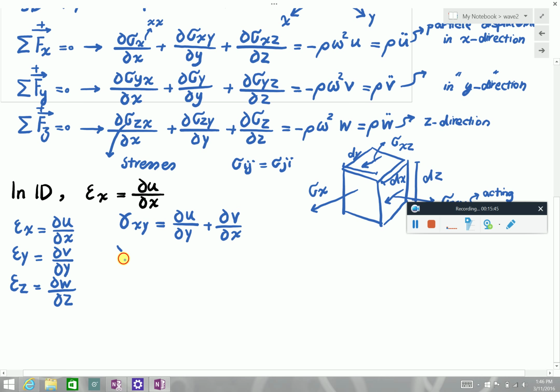And very similarly for yz and zx. Let's write this nicely.